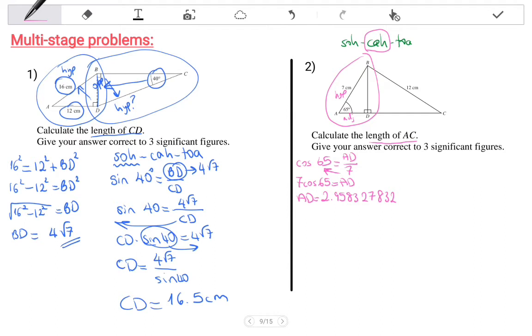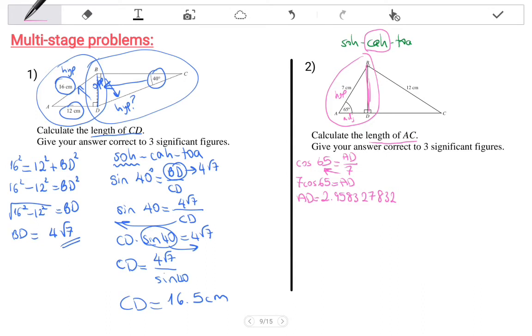Okay, how am I going to find the length of DC? DC belongs to the triangle BDC, and there isn't enough information to get that value. We only know the side 12. That's why I need one more side, and BD is the common side for both of the triangles.